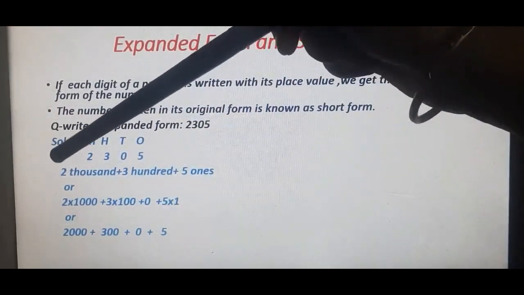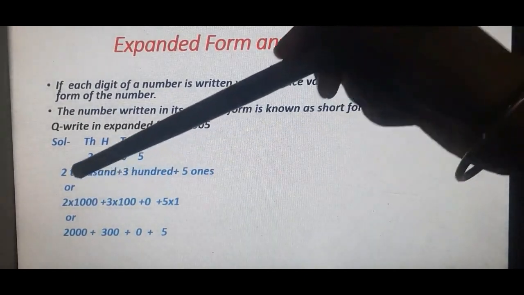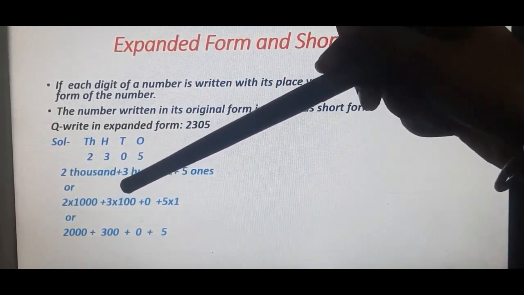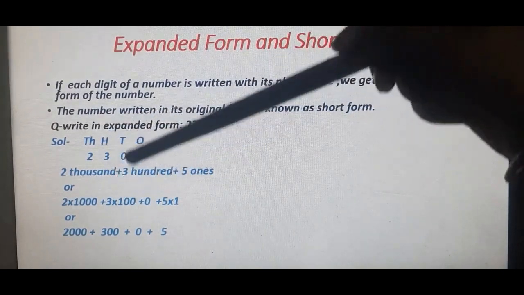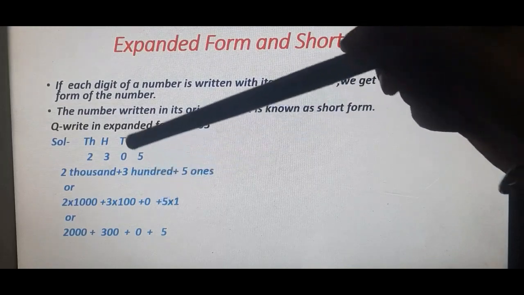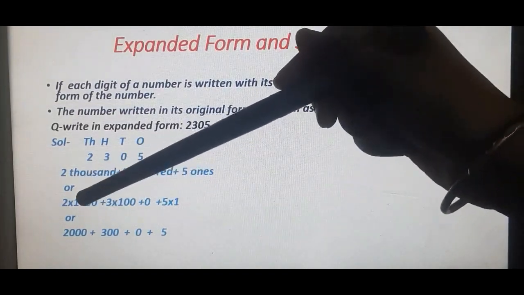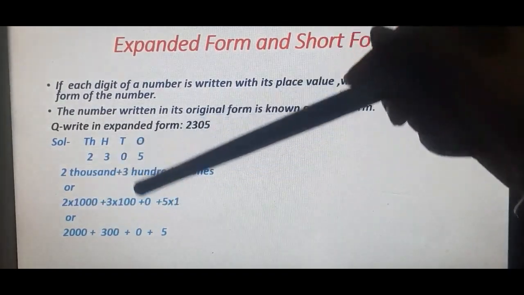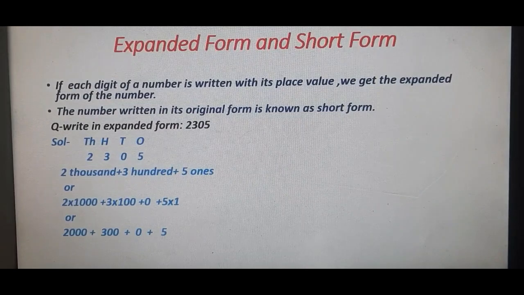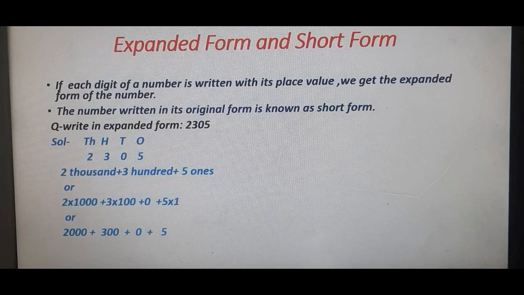The first method is 2000 plus 300 plus 5 ones, or 2 into 1000 plus 3 into 100 plus 0 into 10, or you can write 0 or leave it also, plus 5 into 1, or 2000 plus 300 plus 5. So whatever is easy for you, you can adopt that method for writing the expanded form.